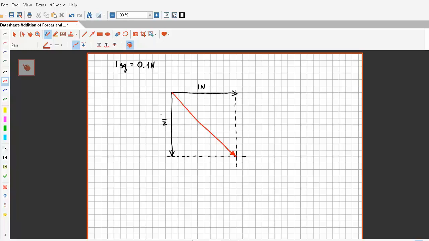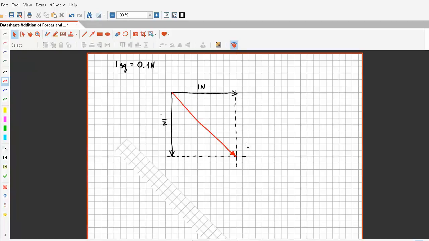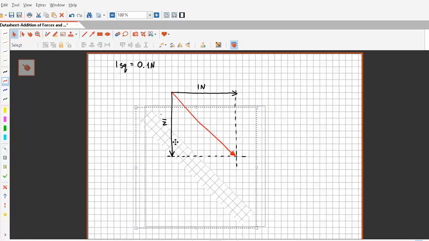Now I can use a ruler to measure how long this line is and express that in terms of the scale. To do that, use a ruler or tear off a piece of your squared paper to determine the length of the resultant line that we've just drawn.